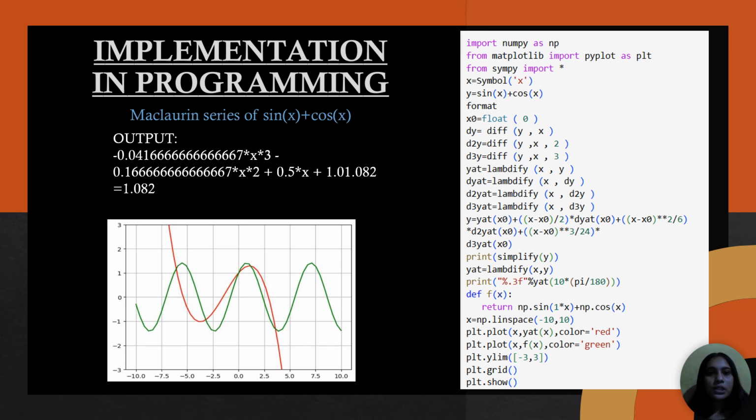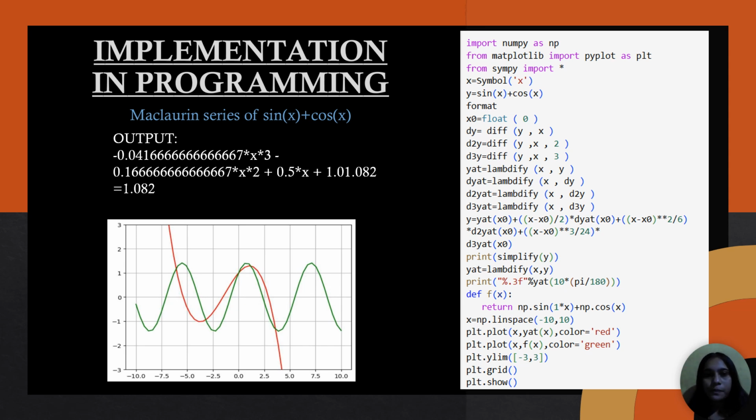In the print function, we have first simplified y and then converted the angle into radians, and the Maclaurin series is simplified and printed over here, and then the value of the Maclaurin series is converted.